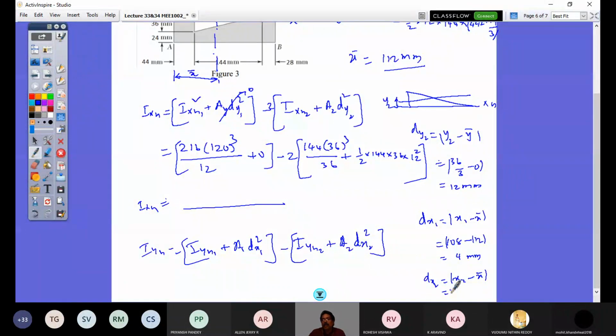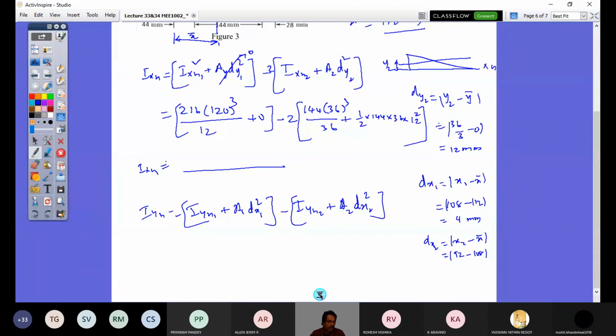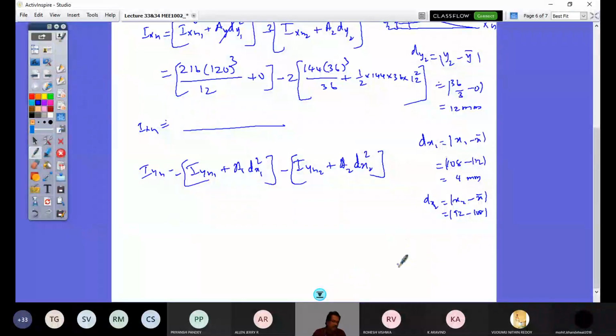So it is going to be 92 minus 108. What value do you get? 92 minus 108, minus 16. So not 108, 112, right? X bar is 112. So it is minus 20, so 20 mm. This has to be considered here while applying the transfer theorem.